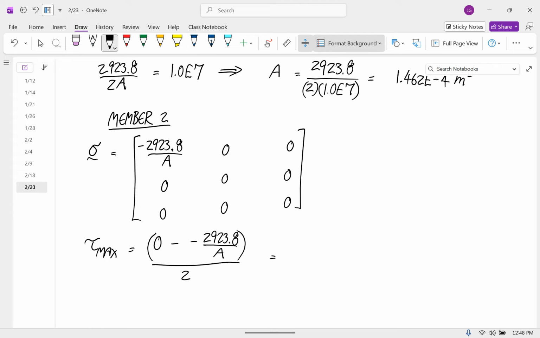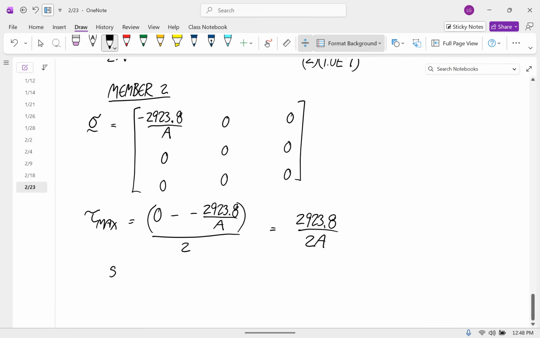And so we get the exact same thing again, 2923.8 over 2A. And so we get the same answer for member 2. Any questions about that?